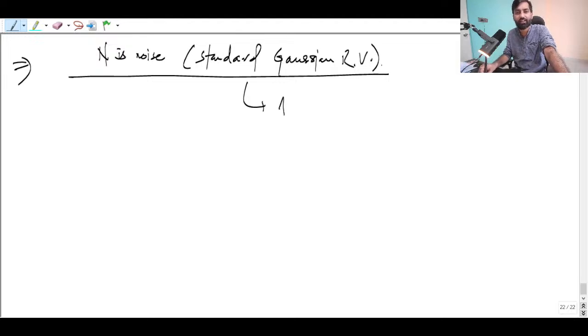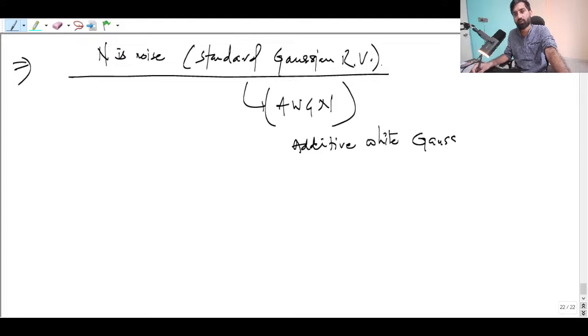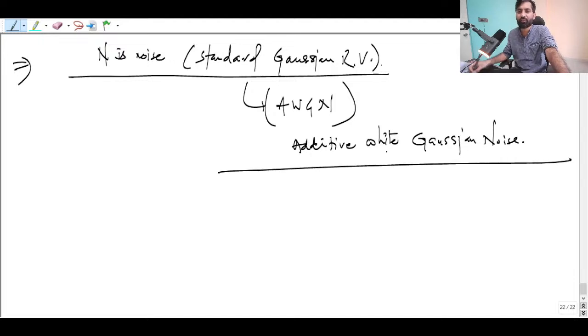We call it AWGN, additive white Gaussian noise, guys. It is a random variable only. Why do we call it additive? Because this is going to get added with the message signal, whatever you are sending from the transmitter.